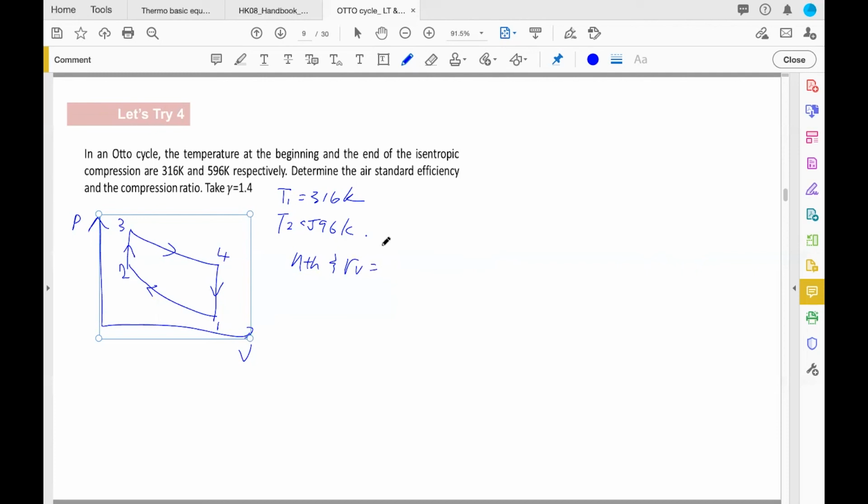It's not difficult, I would say. The first one is we still need to find the RV. RV equals V1 over V2, and T1 over T2 equals V2 over V1 to the power gamma minus 1. Well, your question might be, where do I get this equation?